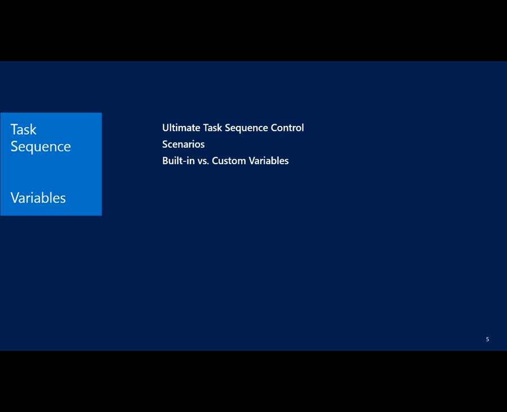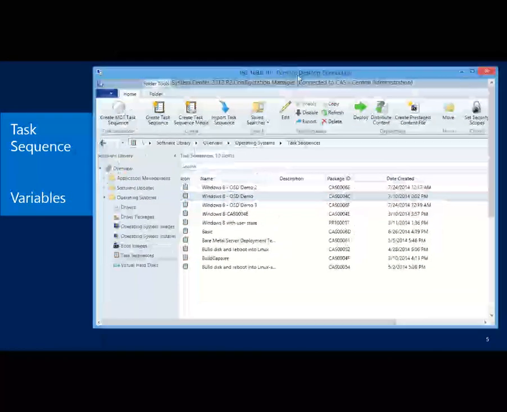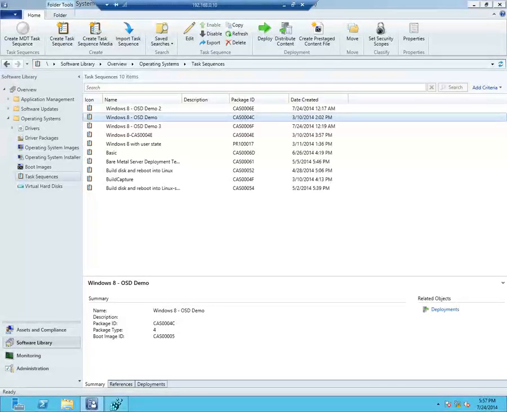There are two kinds of variables, by the way. There's built-in variables, and there's custom variables. Let me show you both, right? If I pull back in the lab and look at this, first of all, there's a whole list of the built-in variables on the web.